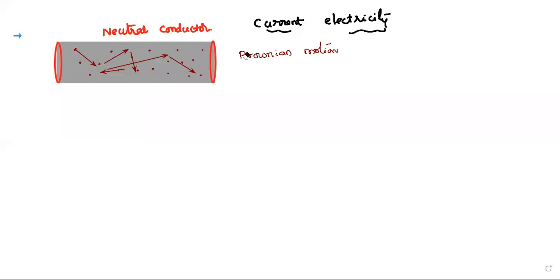Good. So due to this random motion, what happens? The free electrons inside the conductor are in motion, not at rest, moving randomly.